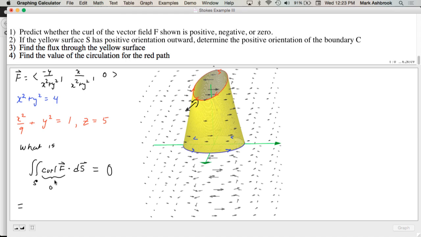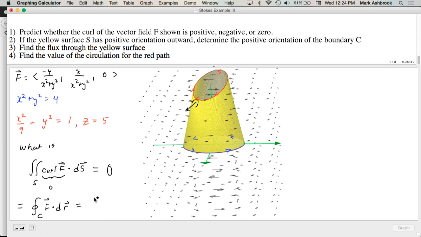Right. Stokes theorem says that the flux of the curl equals the circulation of F around the boundary. In this case, how would we compute the circulation for the boundary of S? What would that entail?